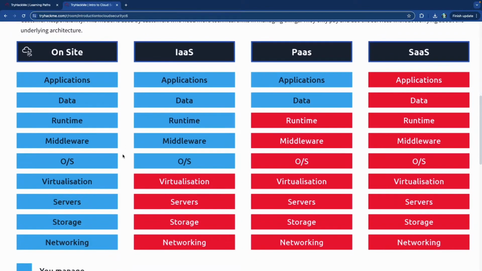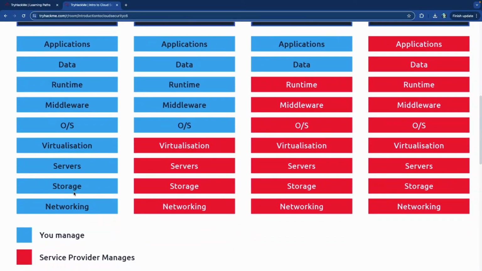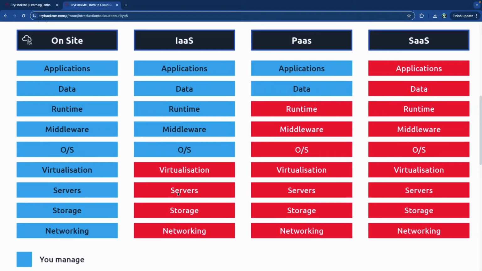To show you the comparison between on-site infrastructure, platform, and software as a service, you get to see what you would have to manage and what the service provider manages. So the blue boxes are the things that you have to manage, and the red boxes are the stuff that the service provider manages.